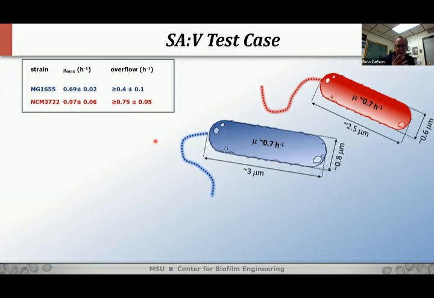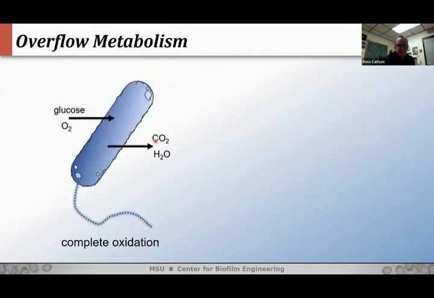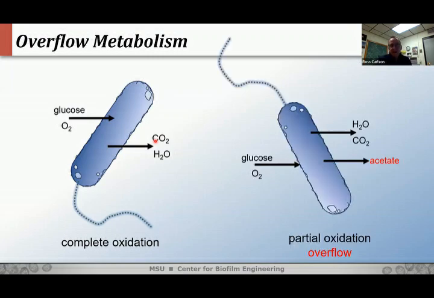I'm guessing that most of us are familiar with these concepts, but I'll just review them quickly. So a complete oxidation of your substrates, we're looking at things like glucose and oxygen here. So complete oxidation, the cell would oxidize the glucose all the way to CO2 and water. When we have an overflow metabolism, what we're looking at is a partial oxidation.